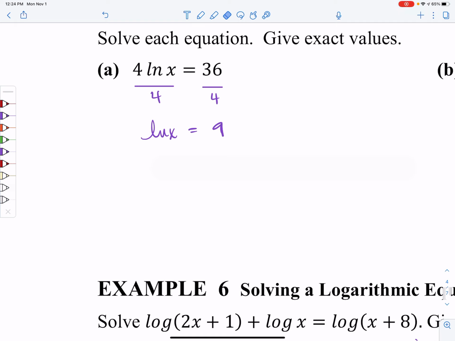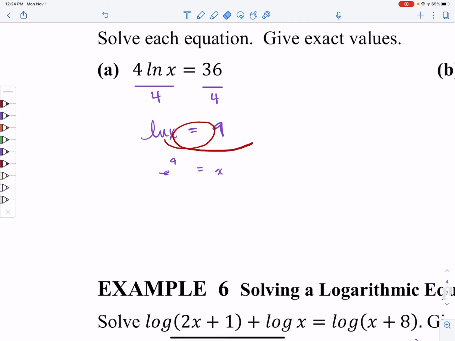Okay, the directions then said, once your log is alone, use exponential. So remember, back in the previous section, 4.3, this is where we said, hey, my base raised to, in this case, the 9th power is equal to x. And this was the symbol that we used to be able to change my logarithm into an exponential.